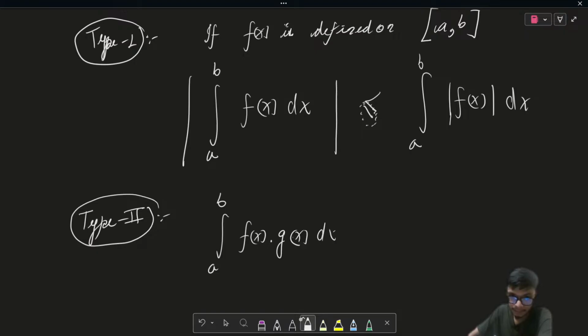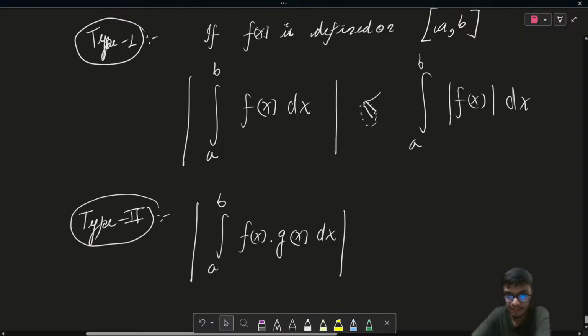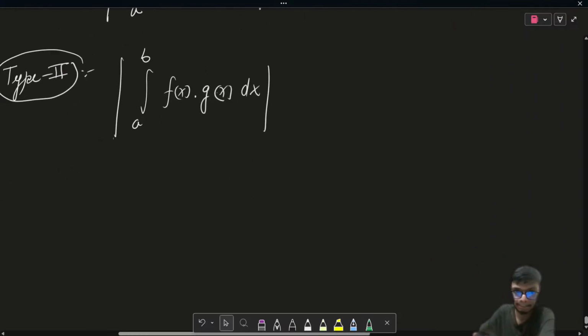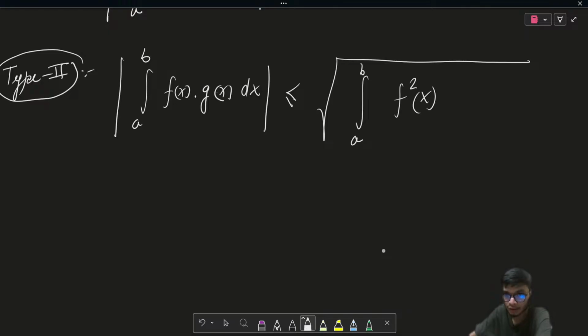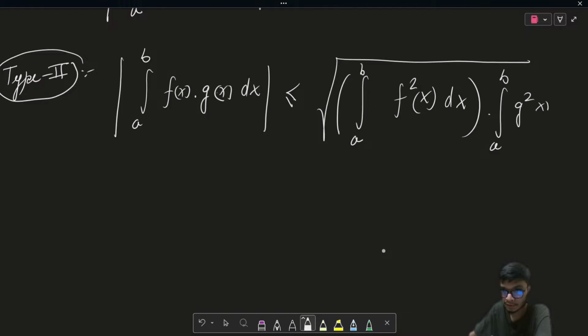Then the modulus of the integral of the product is less than or equal to the square root of the integral from a to b of f of x whole square dx, multiplied with the integral from a to b of g of x whole square dx.